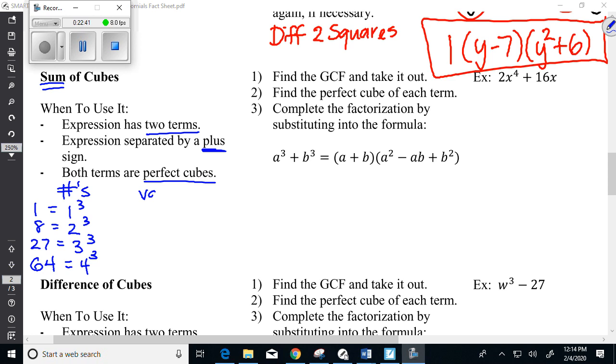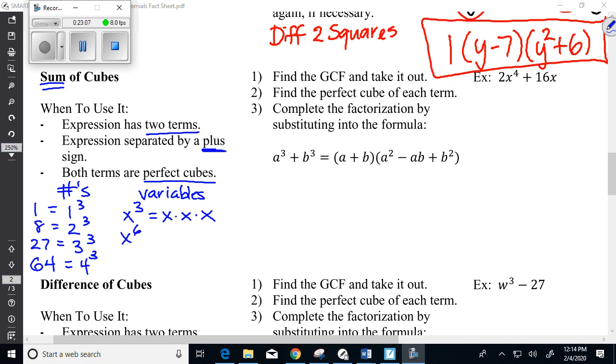If you're dealing with variables, then somehow, some way, you should be able to break them down using cubes, which in your case would be multiples of 3. So for example, x to the third would be a perfect cube because it breaks up into x times x times x.